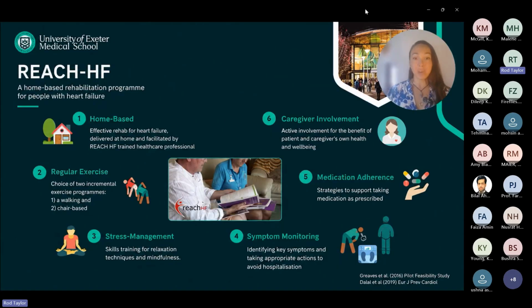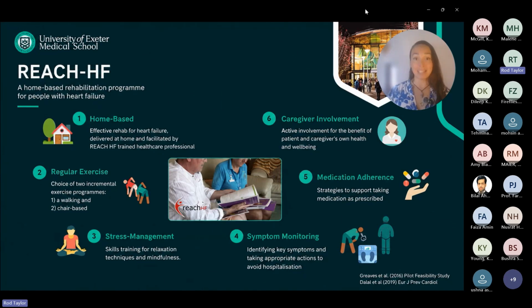As you all likely know already, REACH-HF is a home-based rehab program for people living with heart failure. It includes several key ingredients: home-based delivery, facilitated by a trained health professional, regular exercise, stress management, symptom monitoring, medication adherence, and active caregiver involvement. These are not just pieces of content.